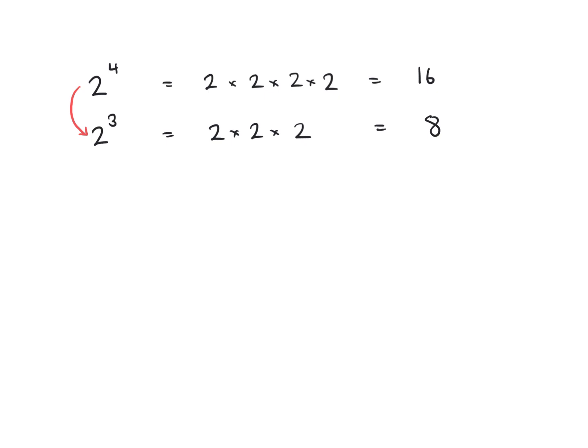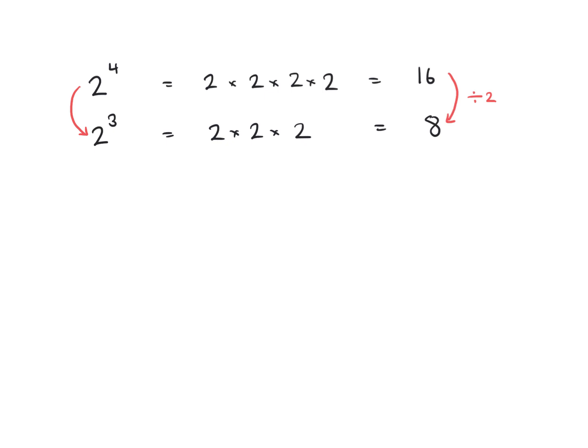Equivalently, you can ask yourself, what do I have to add, subtract, multiply, or divide by to get from 16 to 8? Because those are the same numbers. And the answer I'm hoping you'll eventually come up with is we can get from 16 to 8 by dividing by 2. So we can put 16 over 2, and that equals 8.